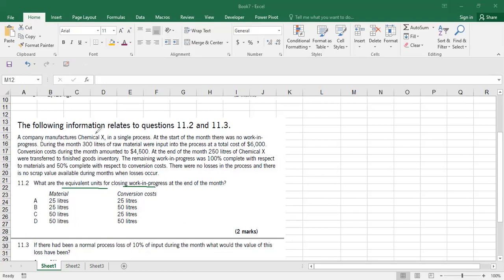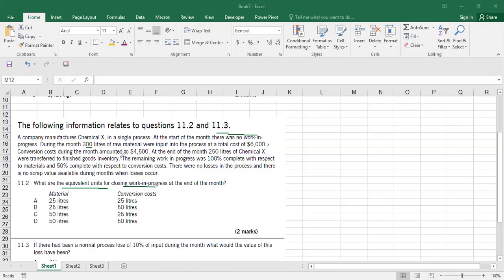A company manufactures chemical X in a single process. At the start of the month, there was no work in process. So there is no opening inventory. During the month, 300 liters of raw material were input into the process at a total cost of 6,000. We don't actually need 6,000 because in this question, we only have to talk about the number of units. We are talking about units, so this is not interesting.